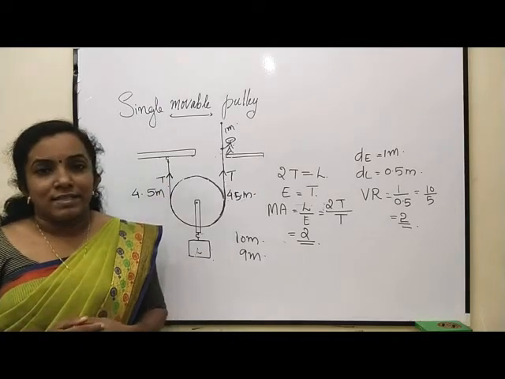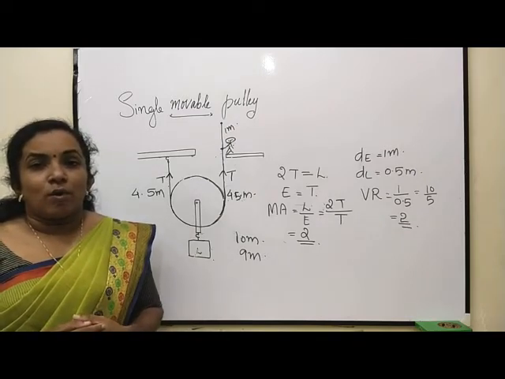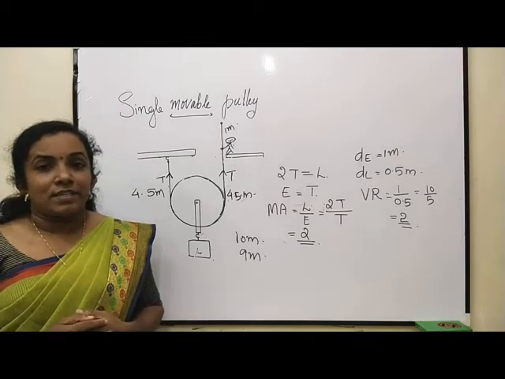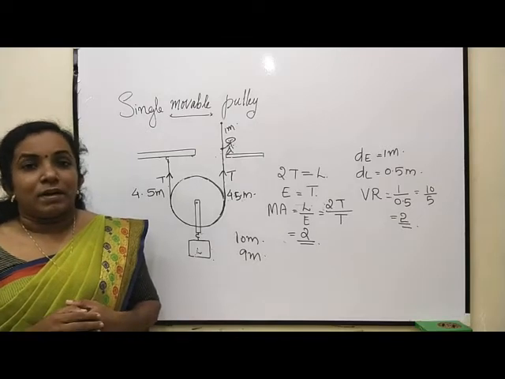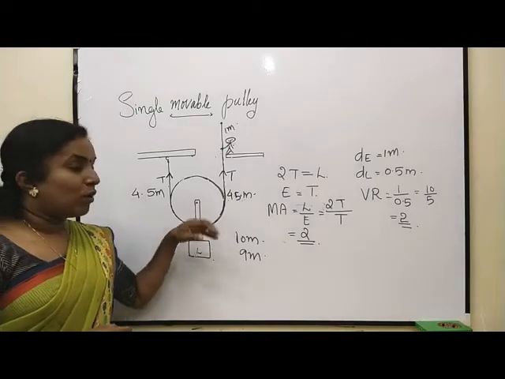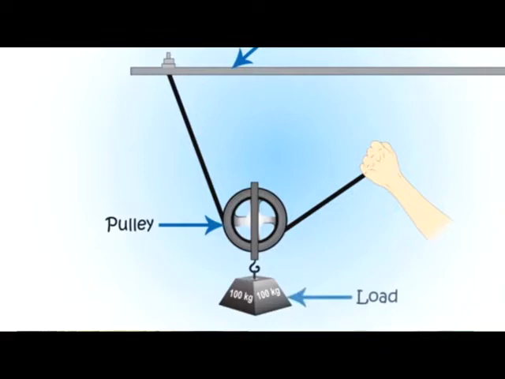Hence, in the actual case, we need to apply more effort and so the mechanical advantage reduces and the efficiency also reduces from 100%. But the velocity ratio, since it is related with the movement of load and effort, remains the same.